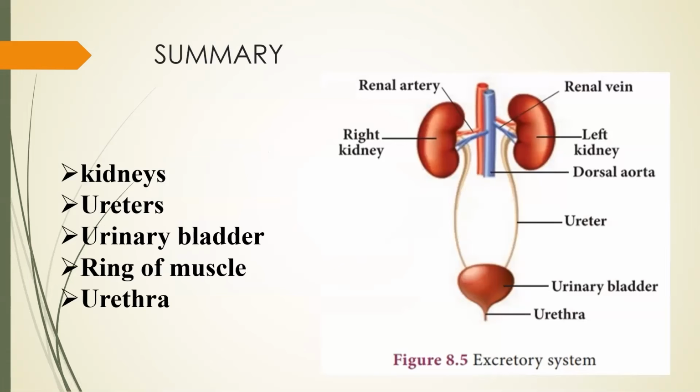After the questions, let me recap today's lesson. Today we have studied the human excretory system. The excretory system includes the following organs: kidneys, ureters, urinary bladder, ring of muscle, and urethra. First of all, what is excretion?